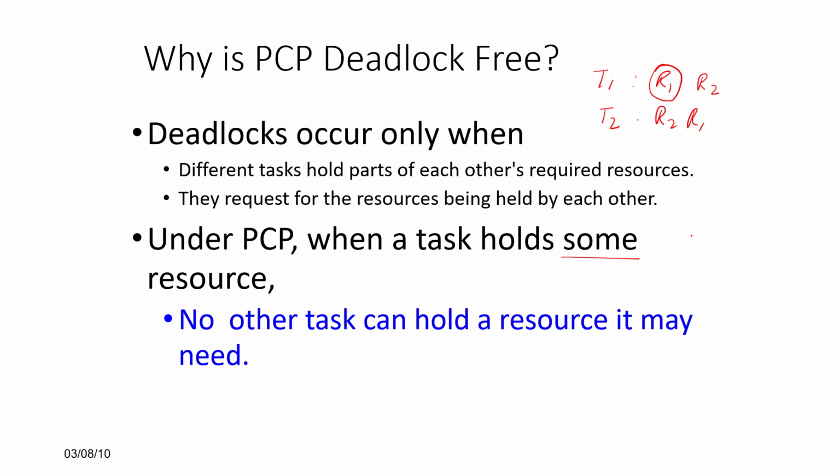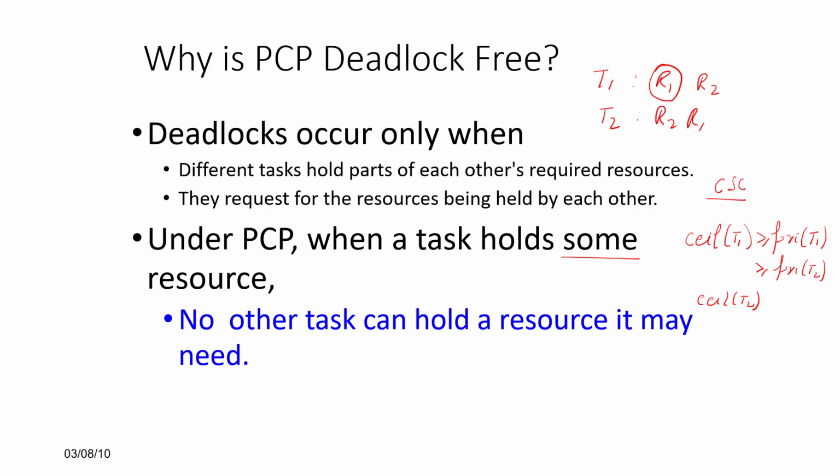So you can happily say that the ceiling of T1 is greater than or equal to the priority of T1. It is also greater than or equal to the priority of T2. Something similar holds for the ceiling of T2, and something similar holds for the CSC.